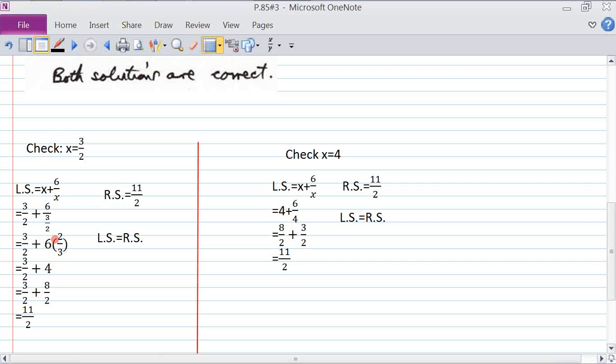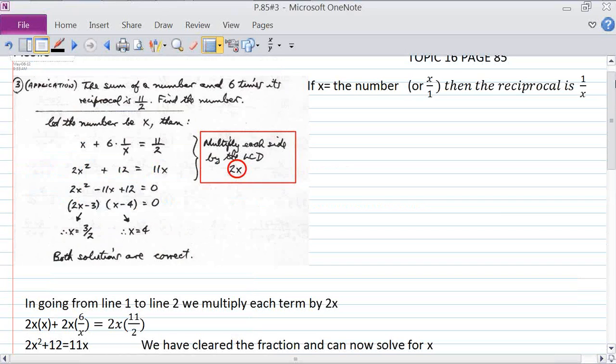So this becomes 6 times 2 is 12 over 3, which is 4. 4 is 8 over 2, so I can sum the 8 and the 3 and get 11 over 2, because I want to multiply the top and bottom by 2 here to get 8 over 2. This is 4 over 1. Multiply the top by 2, I get 8. Multiply the bottom by 2, and I get 2. Get 11 over 2. The left side of the equation is 11/2 here. I have to always go back into the original equation.